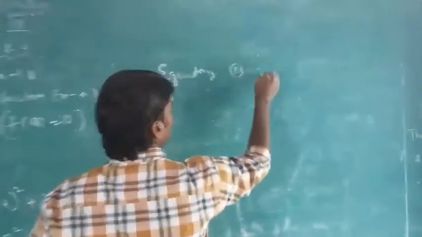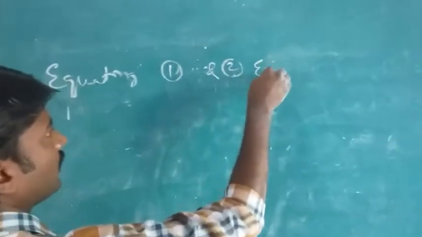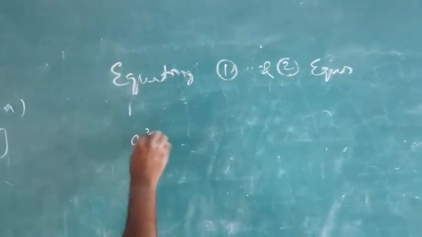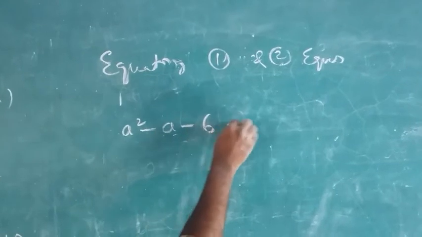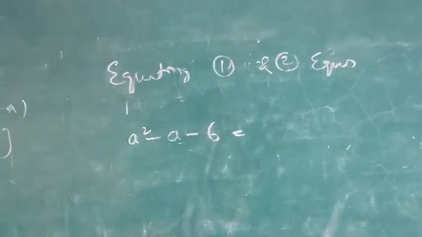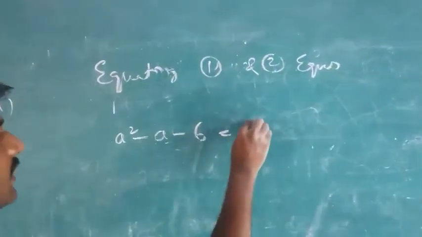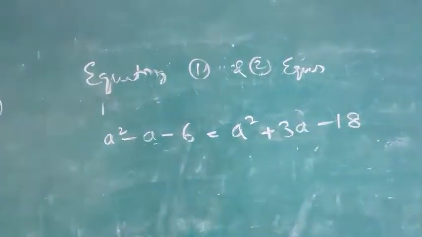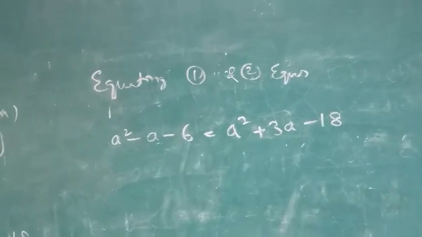In the first equation the RHS is a square minus a minus 6. In the next equation, the right hand side is a square plus 3a minus 18. Children, a square is common on both sides.